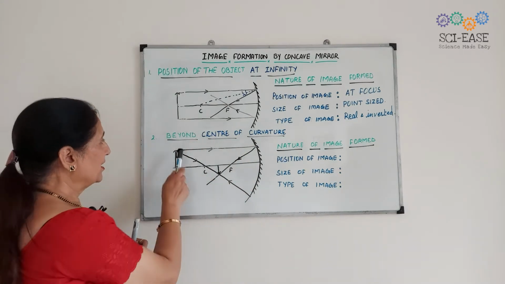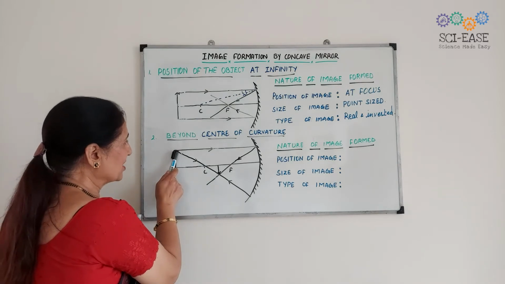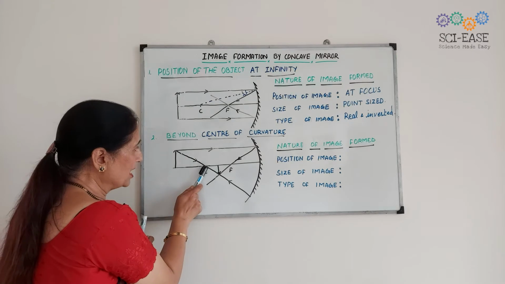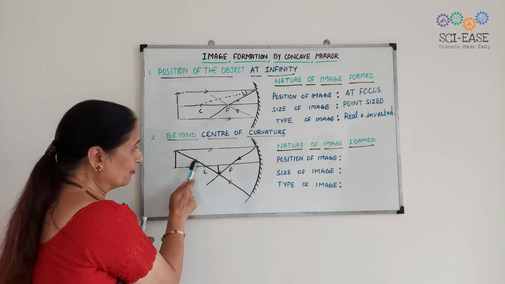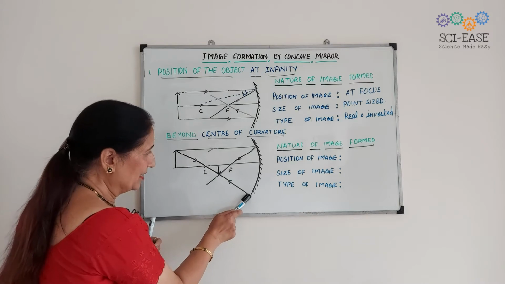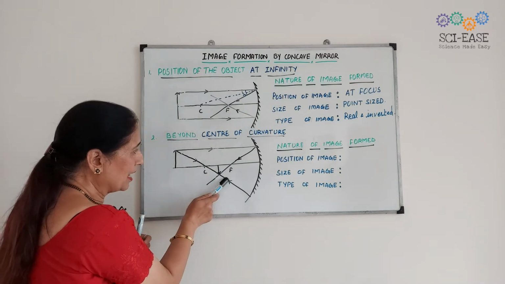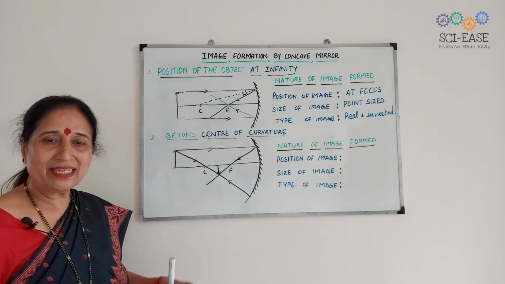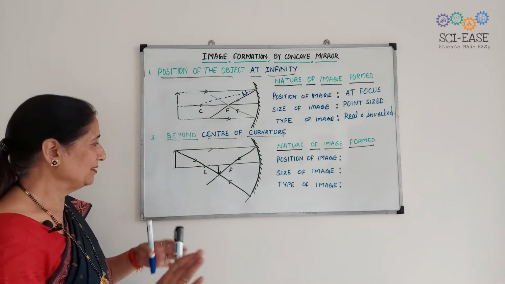First rule. Now the ray will start from here and pass through the center of curvature, strike the mirror here, and come back on the same path.